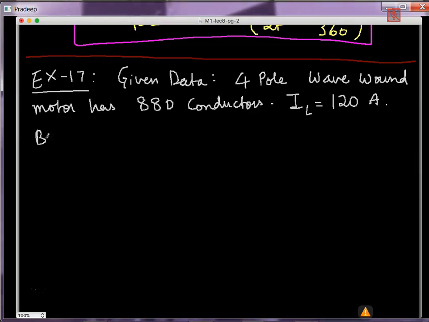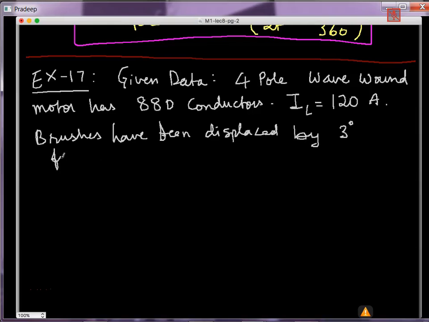So brushes have been displaced by 3 degrees from GNA. So that means theta mechanical is 3 degrees.